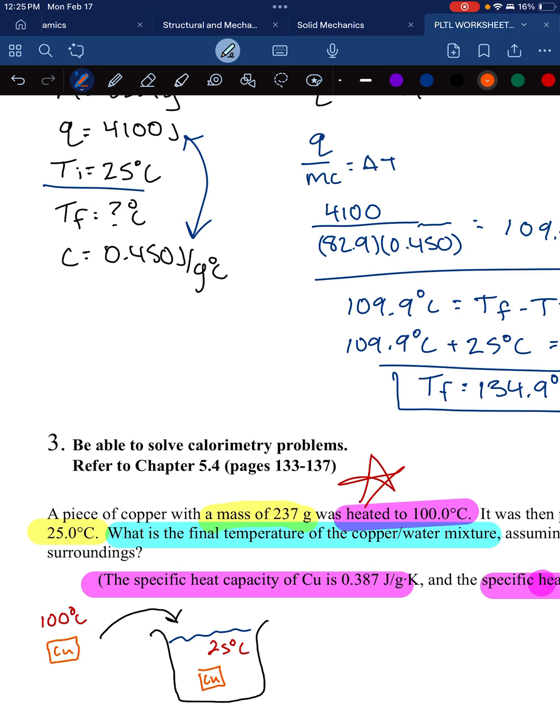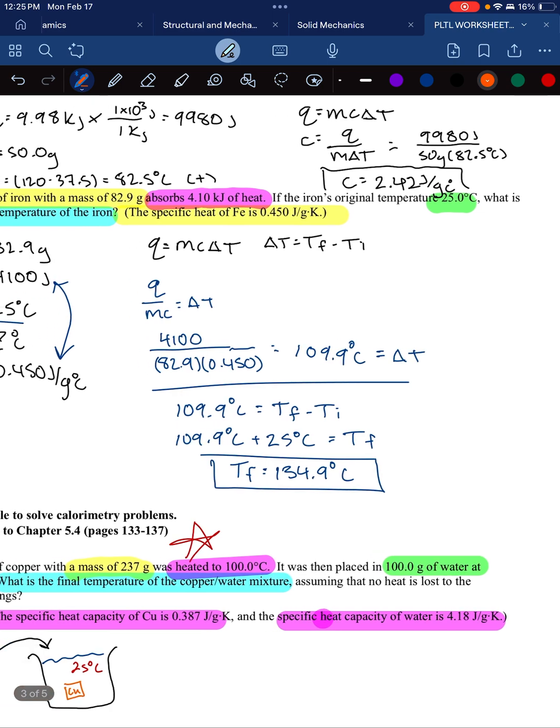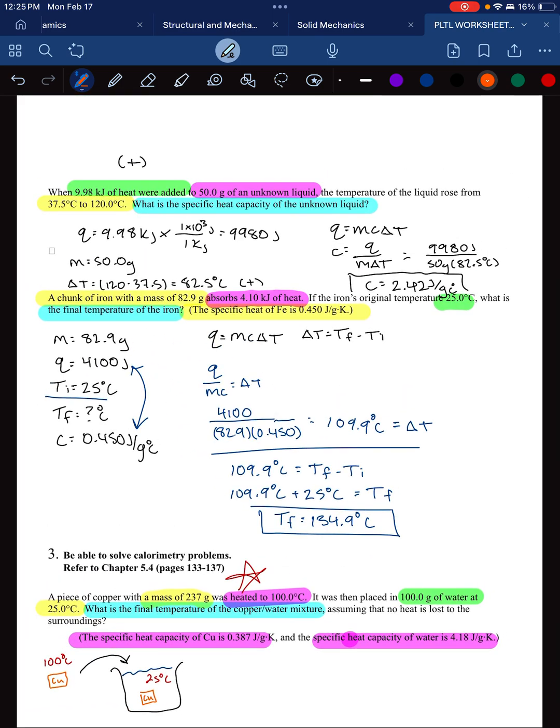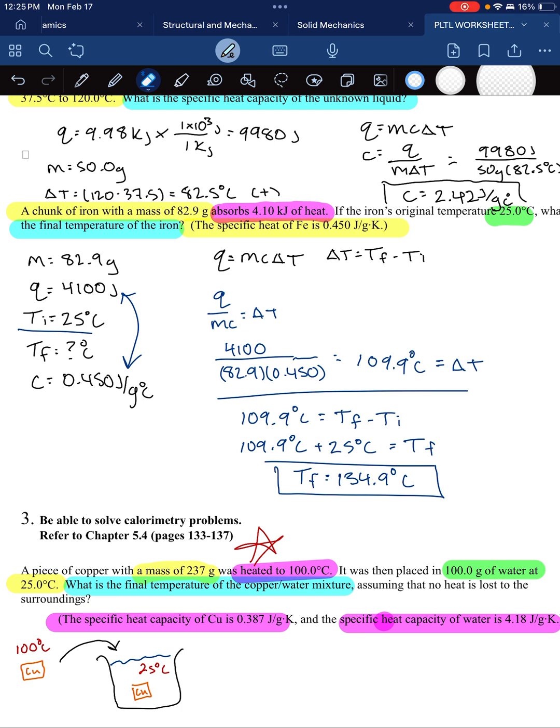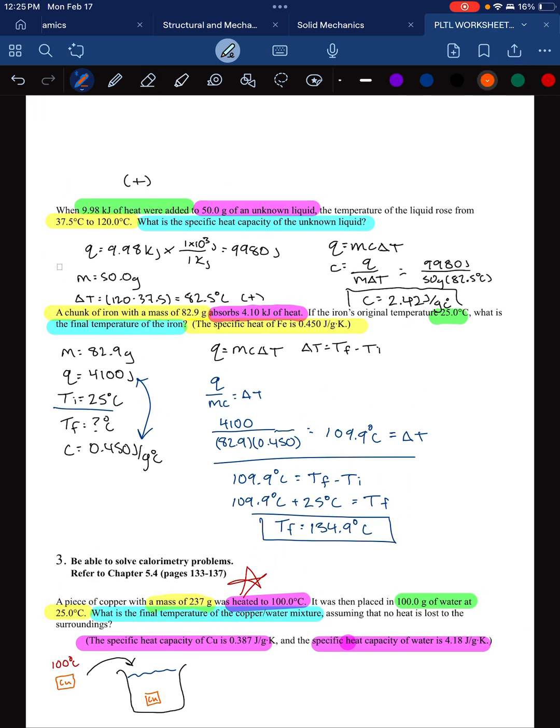If you know about thermal equilibrium, you'll know that that 100 degree copper will change to 25 degrees Celsius of the water. Right, they're going to equal out, wait, actually, no. We'll come back to this, but it won't change to 25 degrees Celsius. Sorry if I caused any confusion.